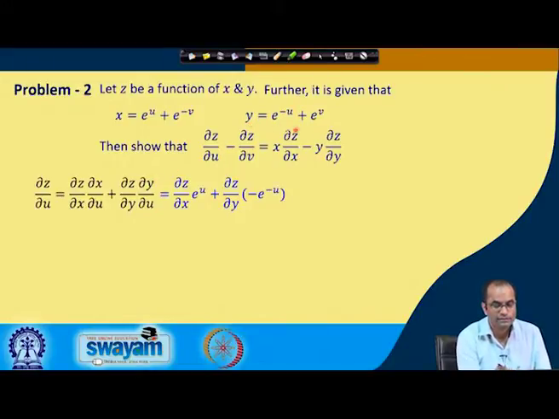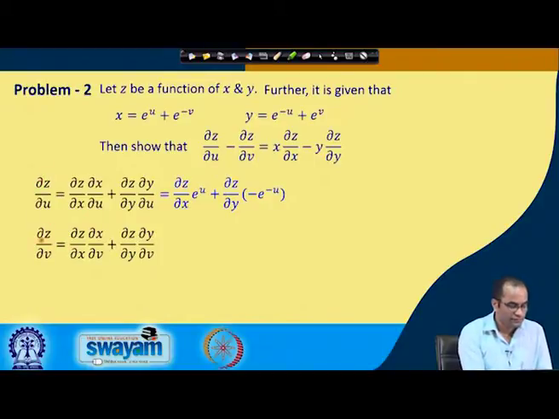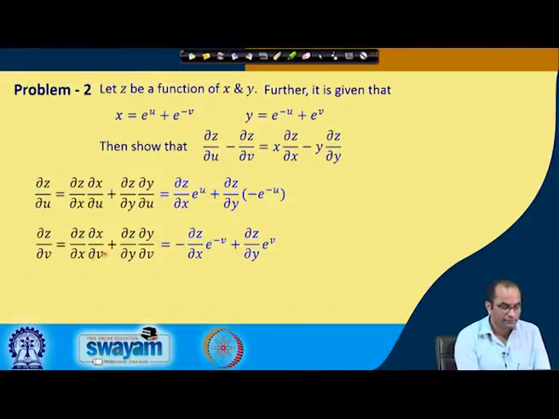So, y is e power minus u plus e power v, and when we take the partial derivative with respect to u, we will get minus e power minus u, which is the term here. And now the partial derivative of z with respect to v, again the similar formula, but instead of u we have v here, and then when we take the partial derivative of x with respect to v, it is e power minus v.